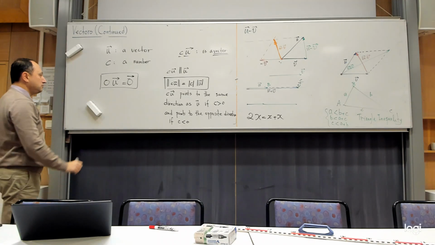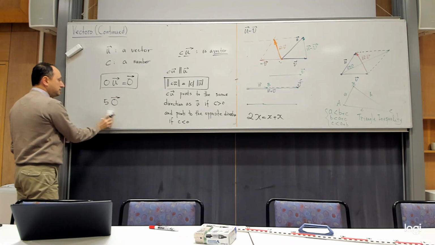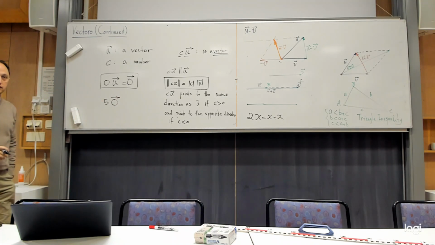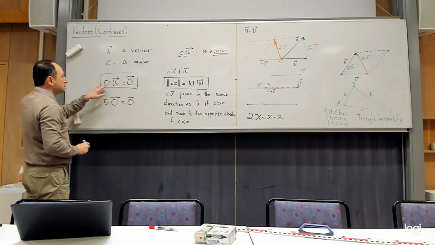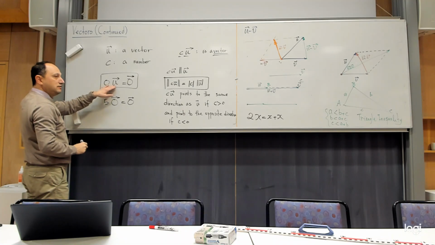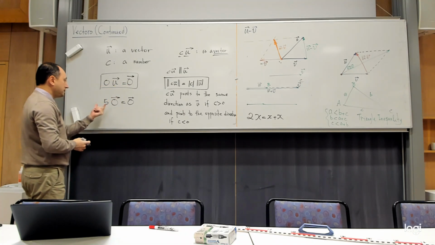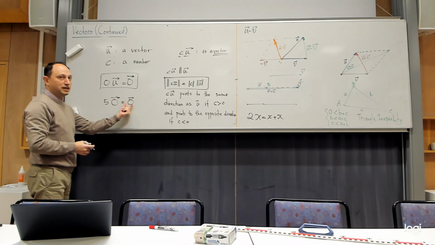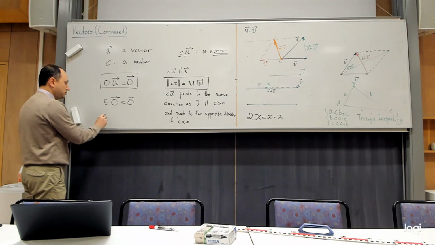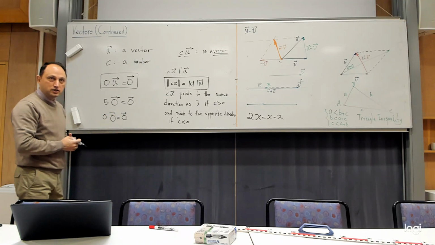Okay, now can you tell me, if I take 5 and multiply it by the 0 vector, what is the expectation that you have here? The 0 vector. Again, the 0 vector. So you see, it doesn't matter. If I multiply the number 0 by any vector, the answer would be the 0 vector. Or if I take any number and multiply it by the 0 vector, the answer is again the 0 vector. Of course, if I multiply 0 by the 0 vector, the answer is again the 0 vector.